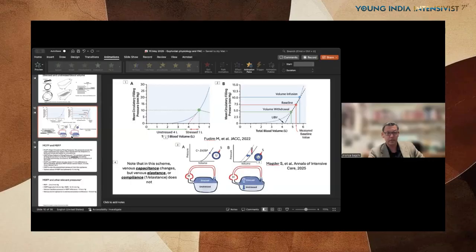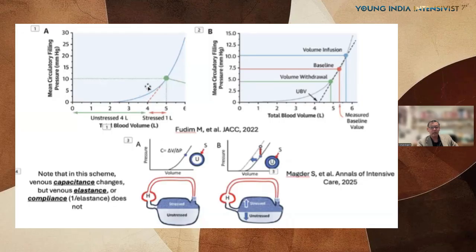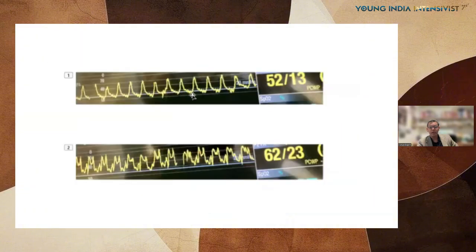So the wedge pressure depends on, let me share the screen again and show you the examples. This is why morphology is important. You gave the example of mitral regurgitation, and this picture shows that really well. This is the wedge in a patient with mitral regurgitation. The wedge is here where the line is.